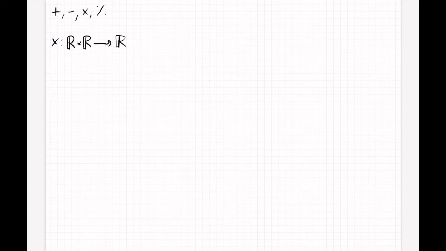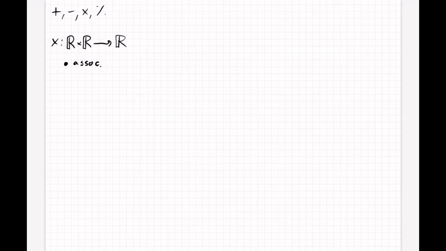And if I think about the properties of this multiplication, I can ask all of the same questions as I did for addition. Is this multiplication operation associative? I will abbreviate here, because I don't like to write big words.